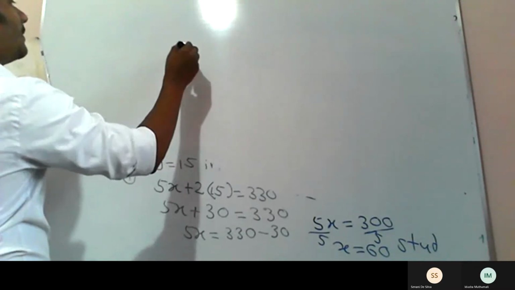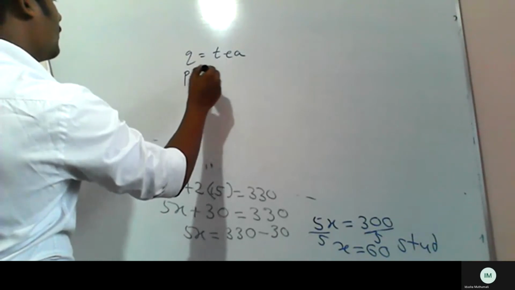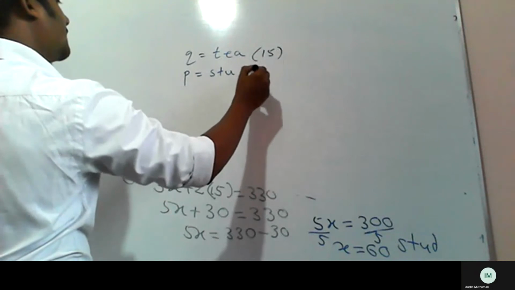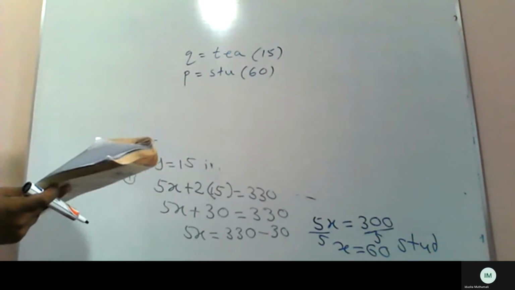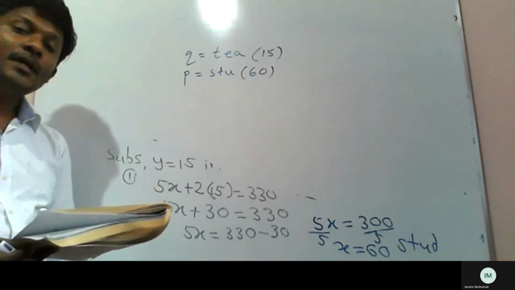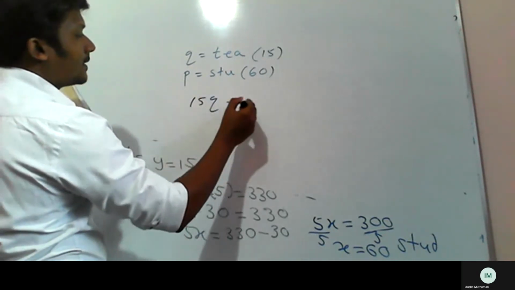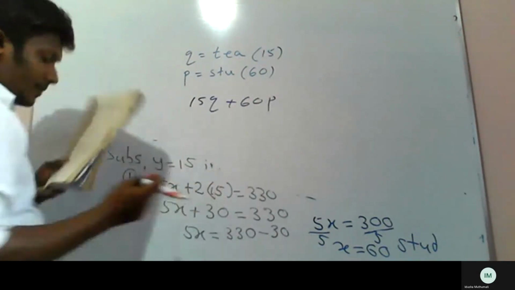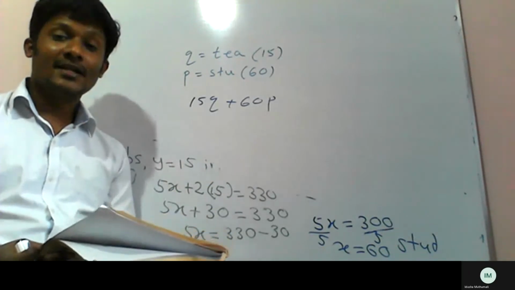Q saplings for each teacher, P saplings for each student, but the number of teachers is 15, students 60. Then write the inequality in terms of P and Q: 15Q plus 60P. But we are told that some saplings will remain.